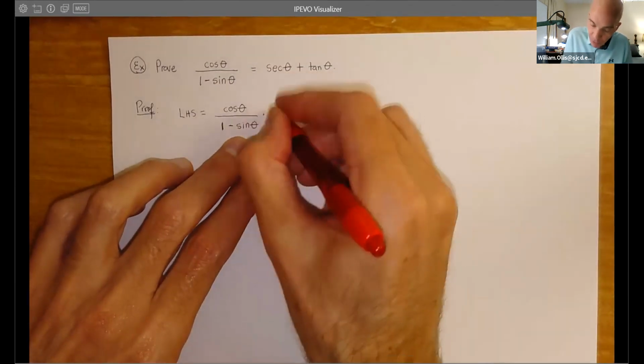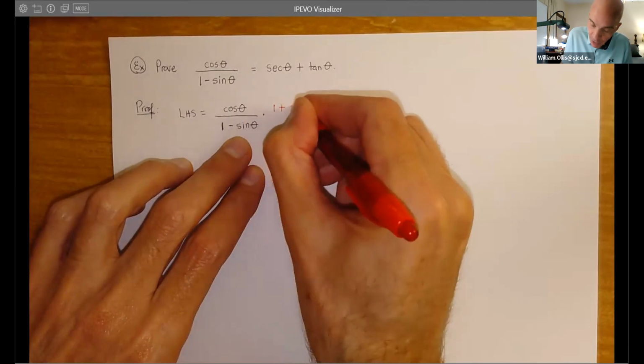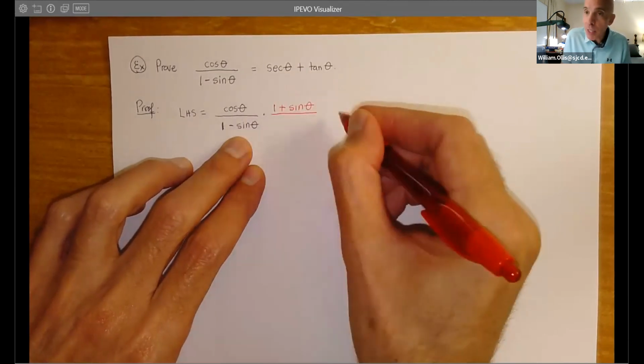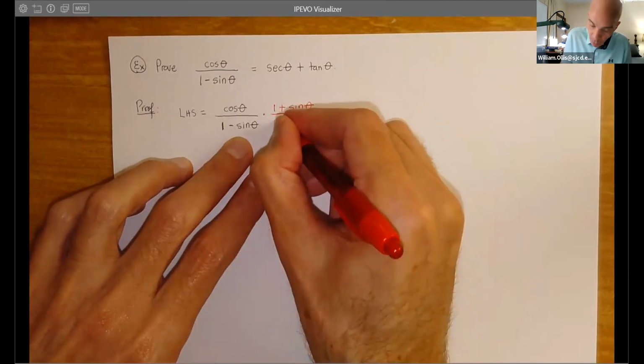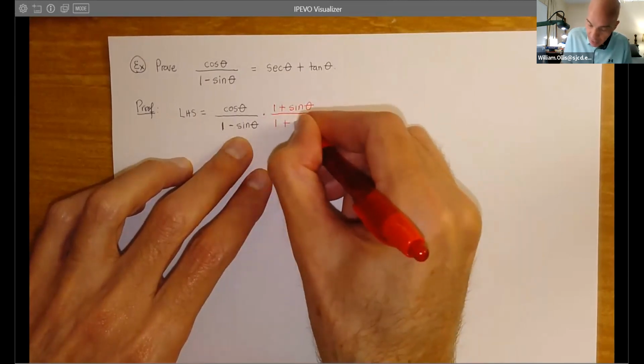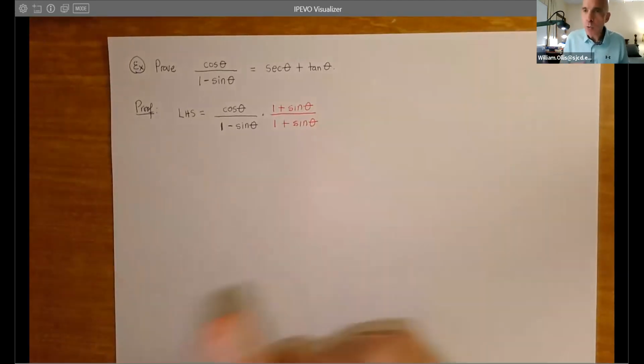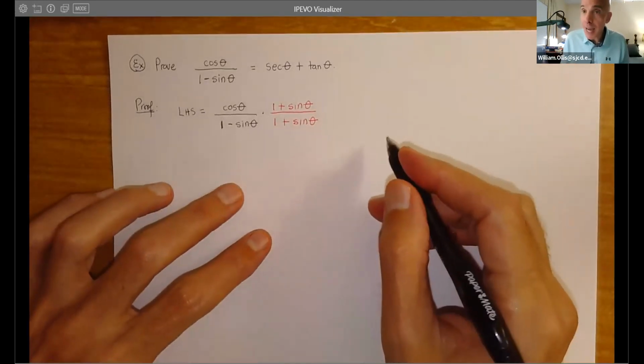So we're going to multiply by the conjugate of the denominator, just like we think about the complex conjugate with imaginary numbers: 1 plus sine theta. A common trick that you will use often, and use often in calculus.